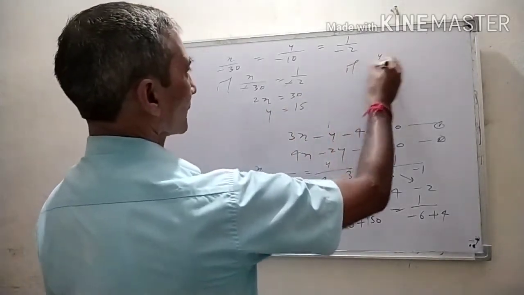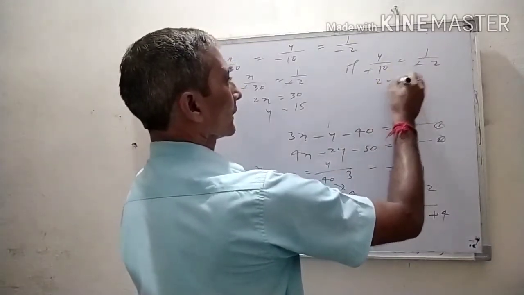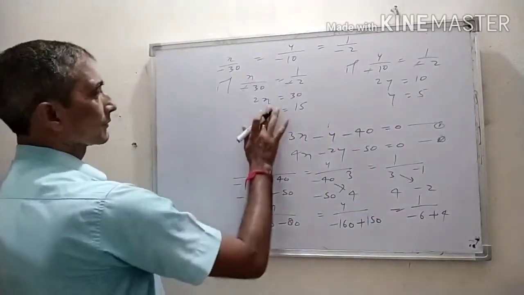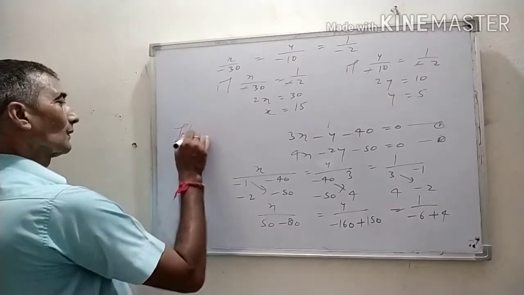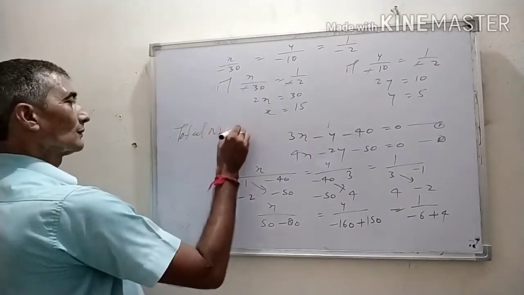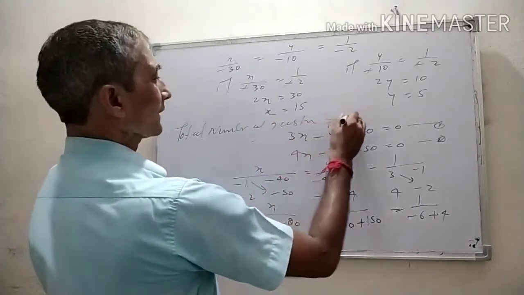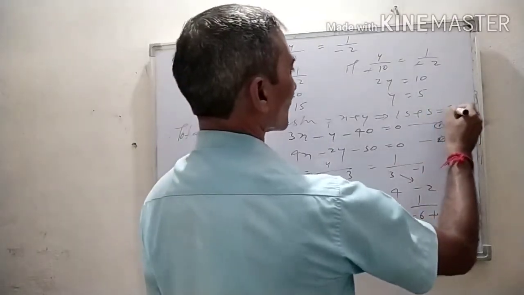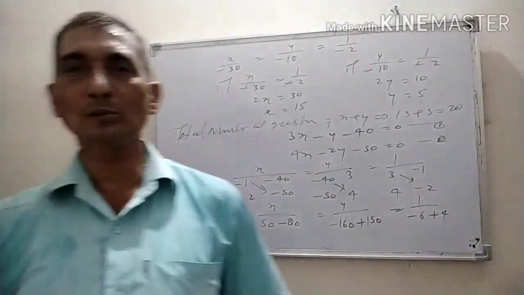If y upon minus 10 equal to 1 upon minus 2, 2y equal to 10. Now y equal to 5. Therefore, total number of questions be x plus y, 15 plus 5, that is 20. Total number of questions is equal to 20.